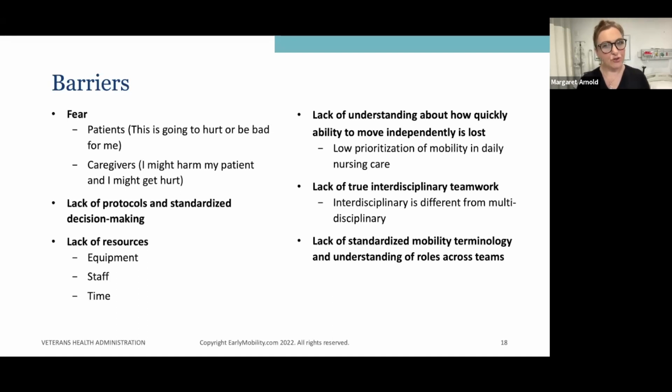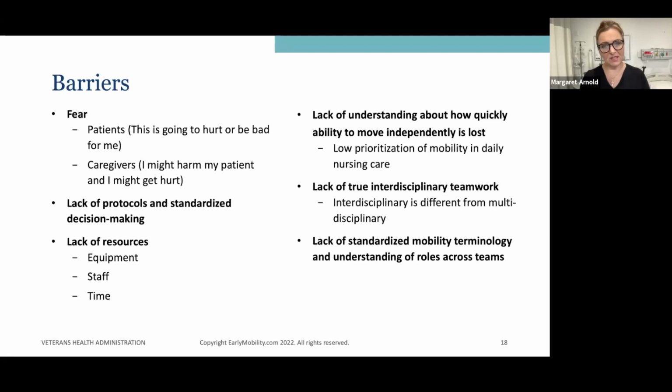A lack of true interdisciplinary teamwork. It really does take all members of the team to have a successful, safe, early continuous mobility program. And a lack of standardized mobility terminology and understanding of roles across team members.